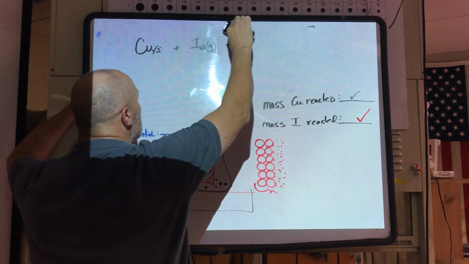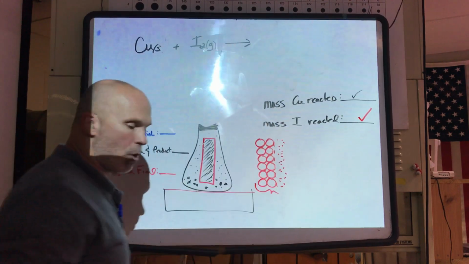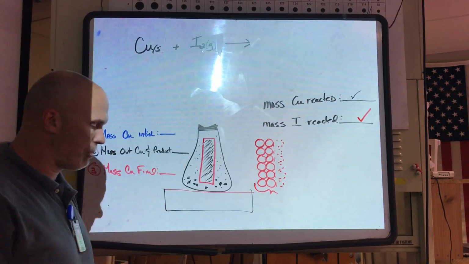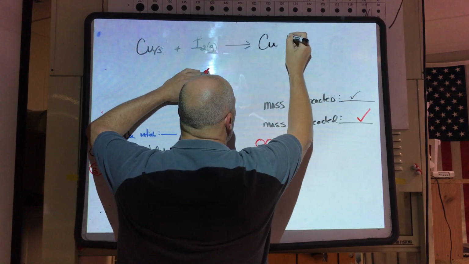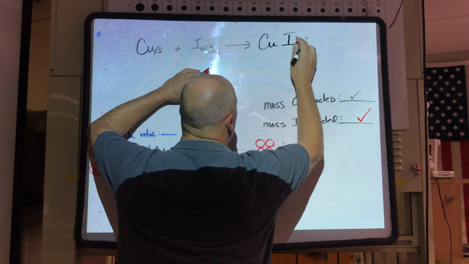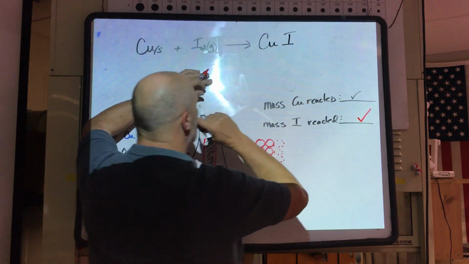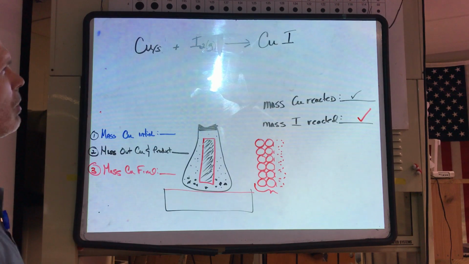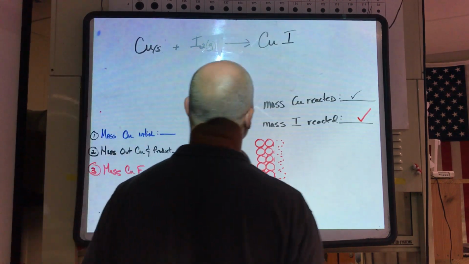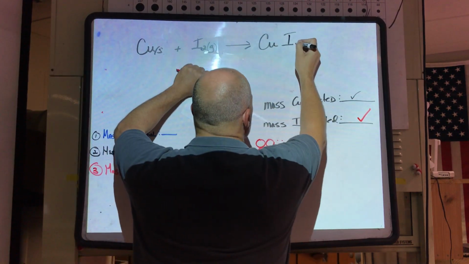Let's pretend I do find a mole ratio from these grams to be the following. What if I have copper, iodine, and I found there is a 1-to-1 relationship. Let's say 2-to-1. I'll just make this up. 2-to-1, all right?